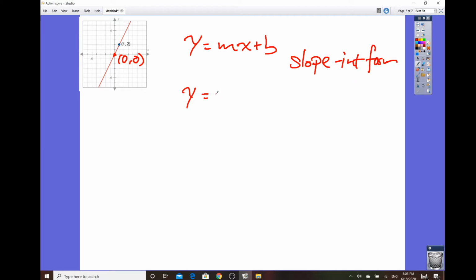And m for this one is the slope. The way to calculate the slope is rise over run. So start at the origin. The rise would be 2 and then the run is 1, so up 2, 1 over to the right. So the slope is 2 over 1. And then the y-intercept is 0. So that means the final equation is y equals 2x.